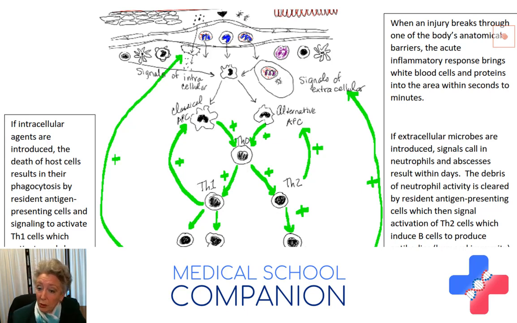So notice here, without too much detail, that our initial response to any injury or to any invasion is the process that we refer to as acute inflammation. And acute inflammation is going to cause the infiltration of cells and proteins that are going to be important for an immediate or nearly immediate response to something that has been introduced into your body.